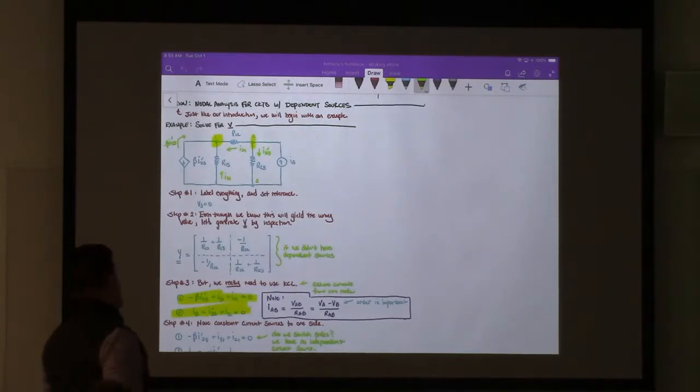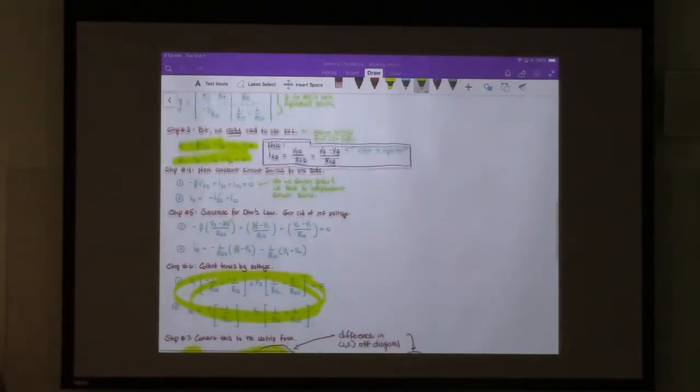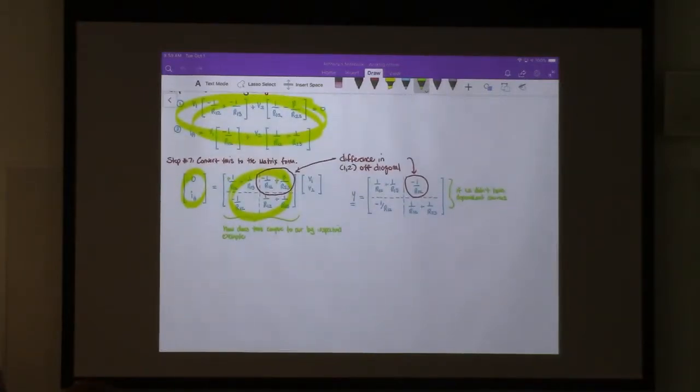So where did we stop? Since we don't have numbers, this is essentially the end of the problem.